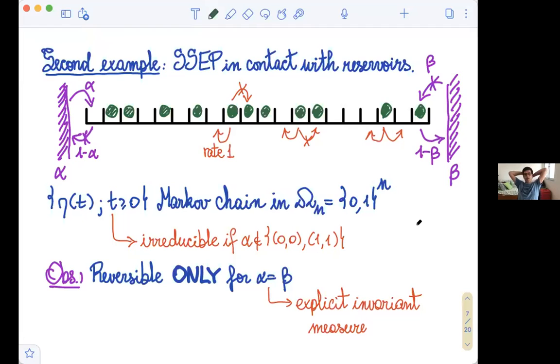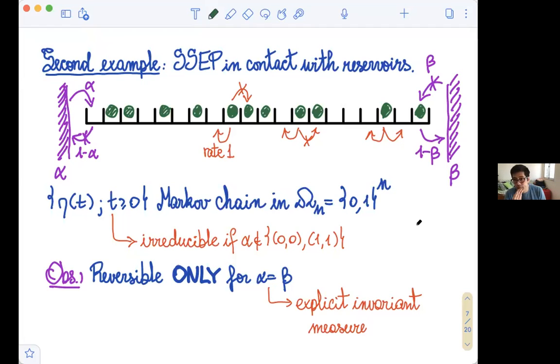Okay, so another example is what is called the simple symmetric exclusion process in contact with reservoirs. This is actually a very popular example of a system with a non-equilibrium stationary state.